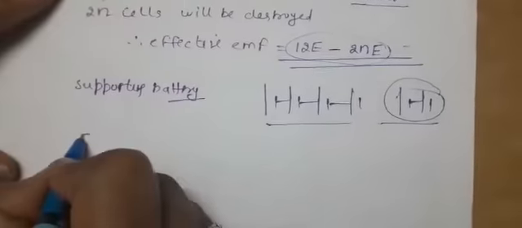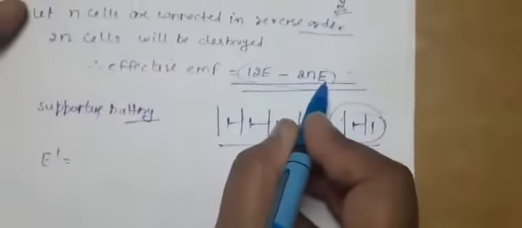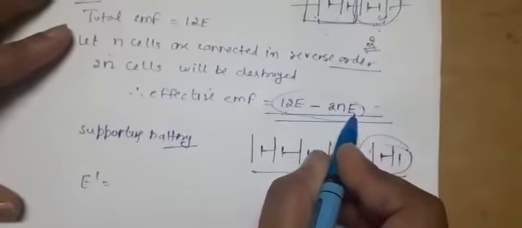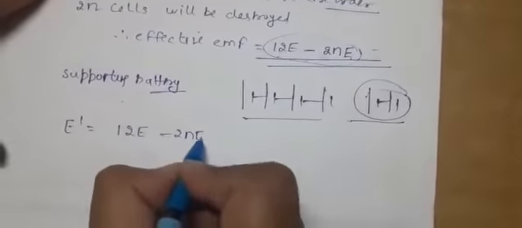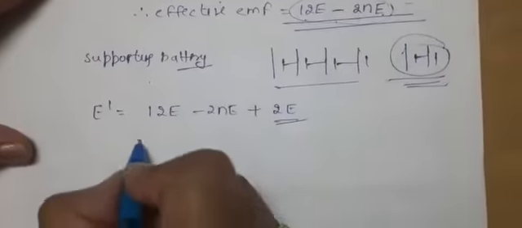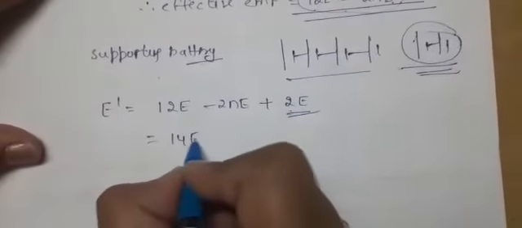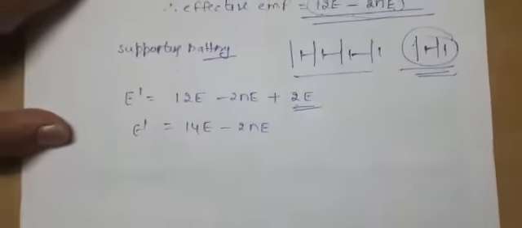So what will be the EMF? Let it be E dash. To this EMF, 2E will also be added: 12E minus 2NE plus 2E. Why this? Because these 2 cells are supporting it. So it will be 14E minus 2NE. This will be the effective EMF when it is connected to the external combination.